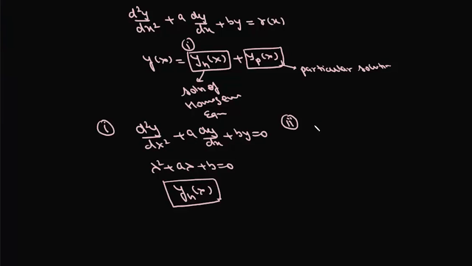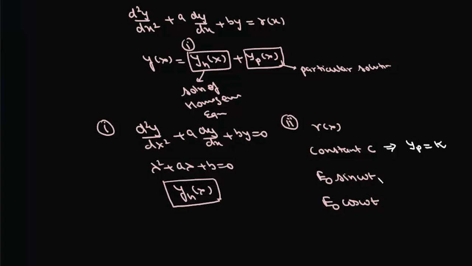In our case, that is for RLC circuit, this response function Rx, or this driving force Rx, will either be some constant C or it will be some sinusoidal function, say E naught sin omega t or E naught cos omega t.